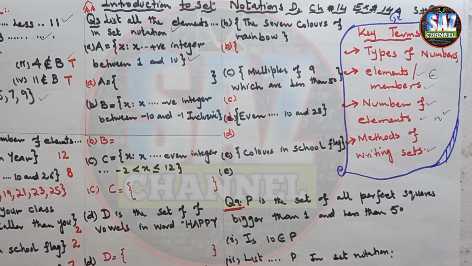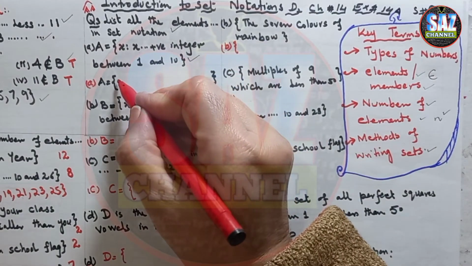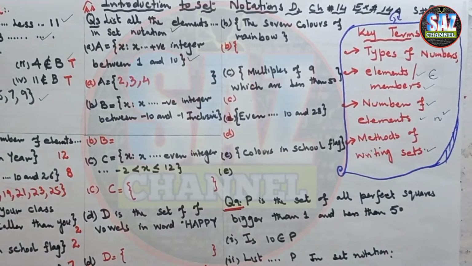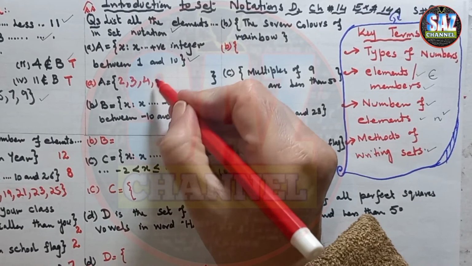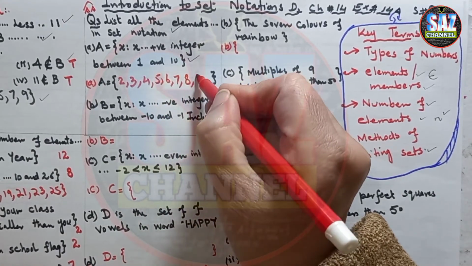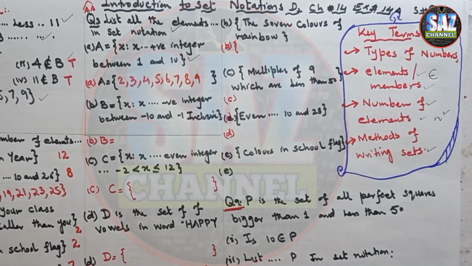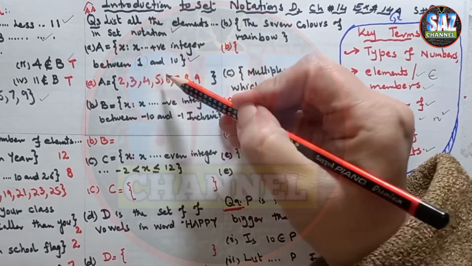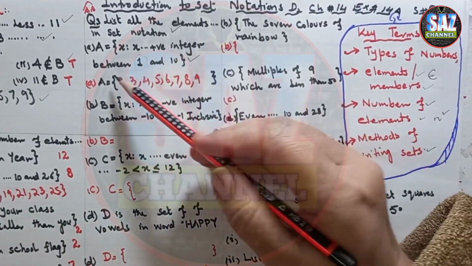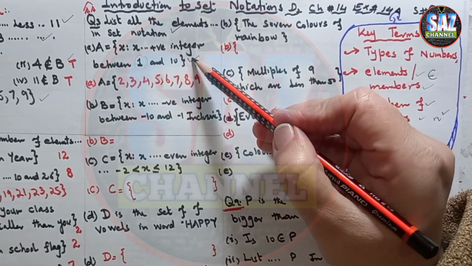So the elements that will be coming in this set will be 2, then 3, then 4, and then 5, 6, 7, 8, and 9. I hope you are clear why I'm not taking 1 and 10 both, because the question says that we have to pick up the integers which are between 1 and 10.